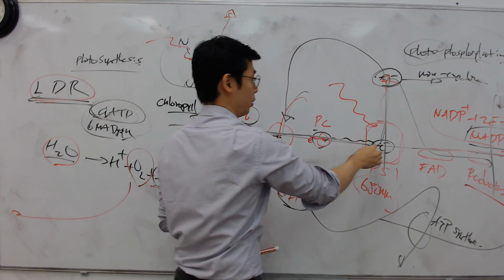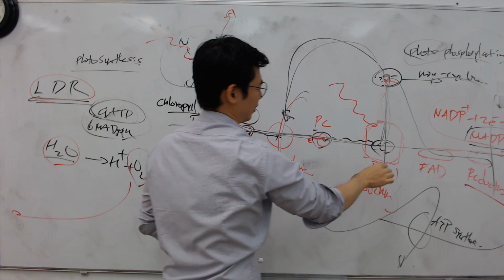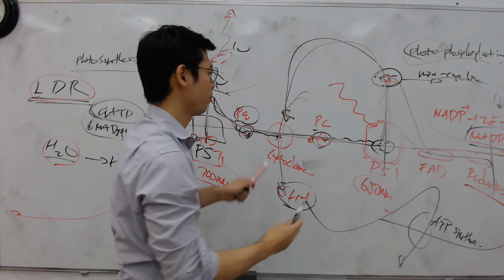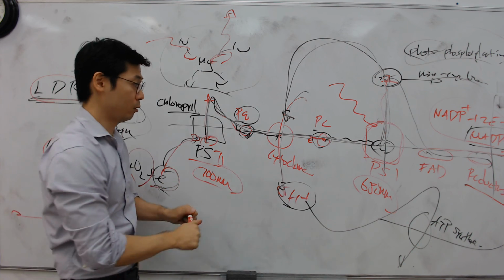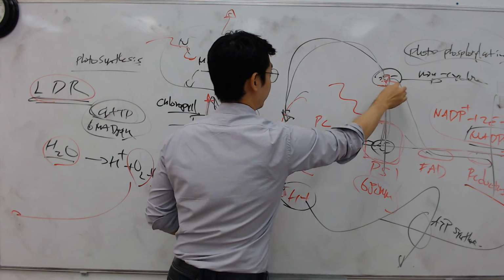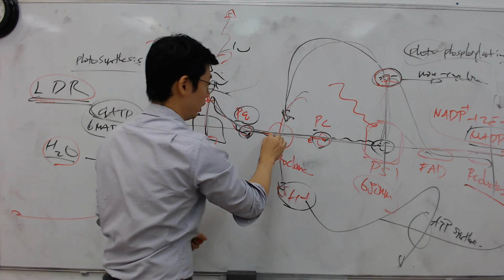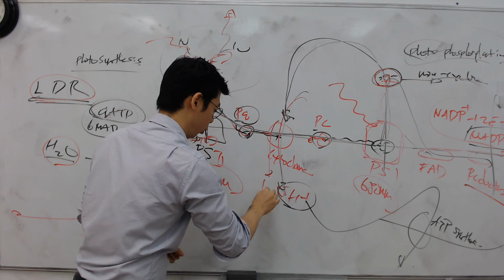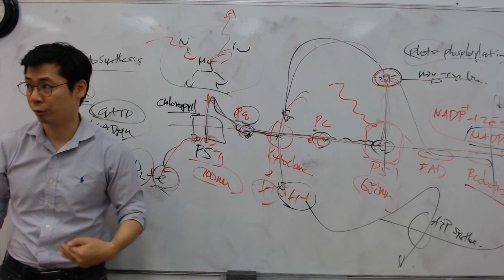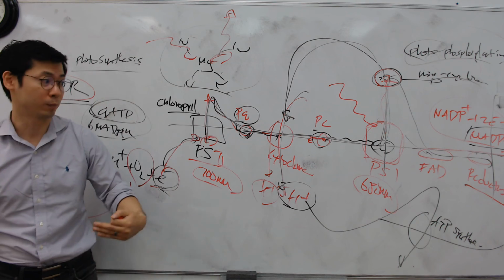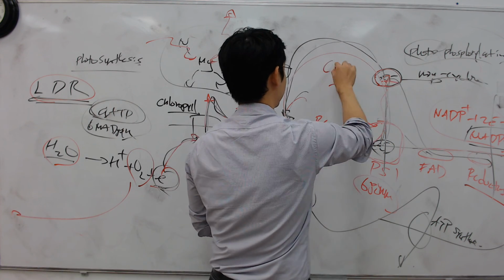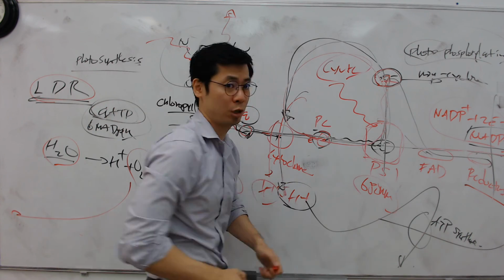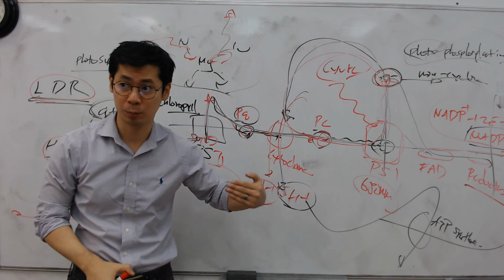It goes back to cytochrome. So they use the energy of the high-energy electron to pump more H plus, which produces a greater electrochemical gradient for more production of ATP. This is what they call the cyclic portion of the electron transport chain for the chloroplast.